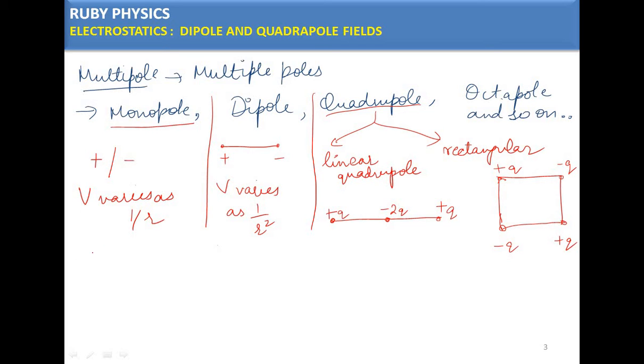Okay, and then what is an octopole? An octopole consists of 8 charges, and it can be shown in a cubical form.